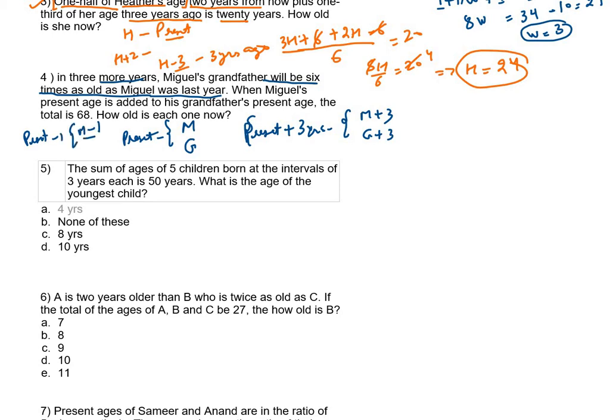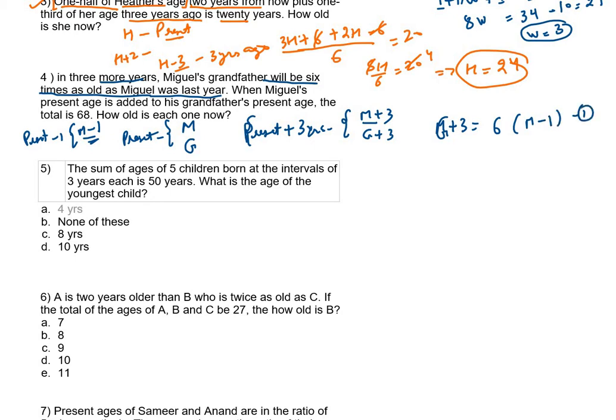So sorry, here it will be g plus 3 because we are talking about the grandfather. g plus 3 is 6 times m minus 1. This is the first equation.